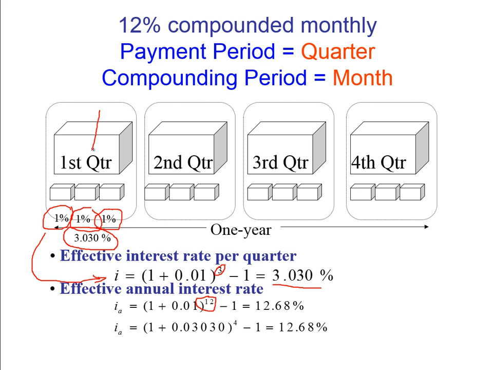Then I have 1, 2, 3, and 4 quarters, so I can use the formula I effective equals 1 plus 0.0303 to the power 4. So either I will use the 0.01 for 12 months, or I can use the 0.0303 to the power 4 because I have 4 quarters, and both should give me the same result.